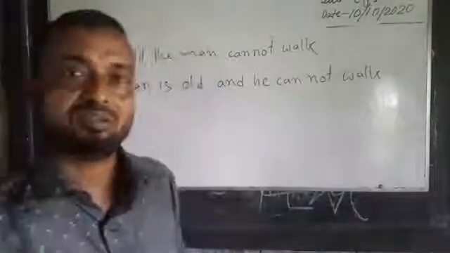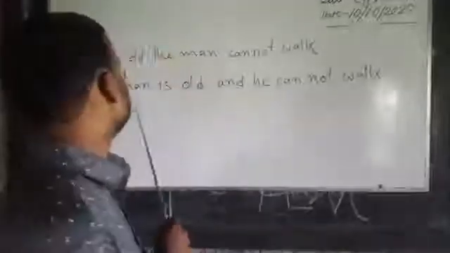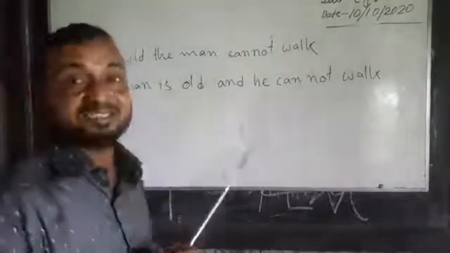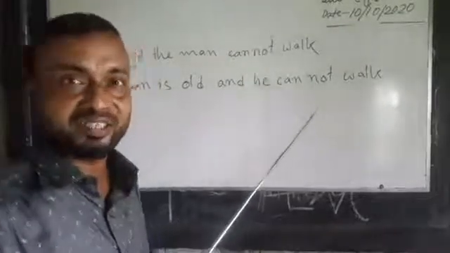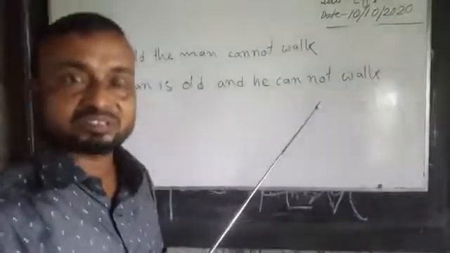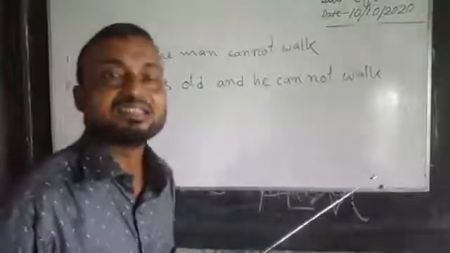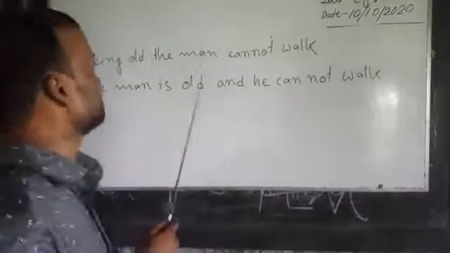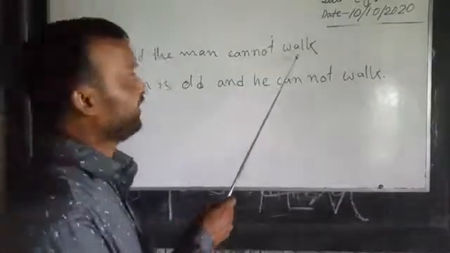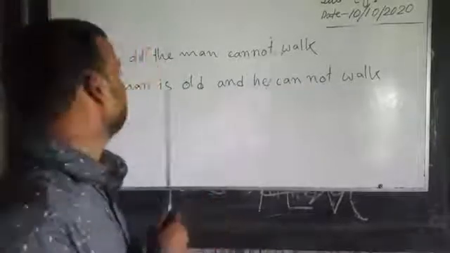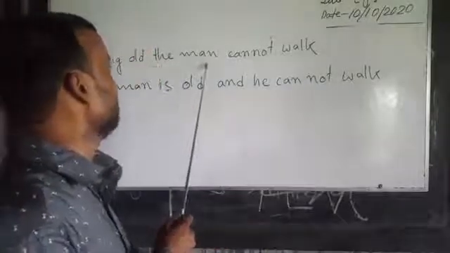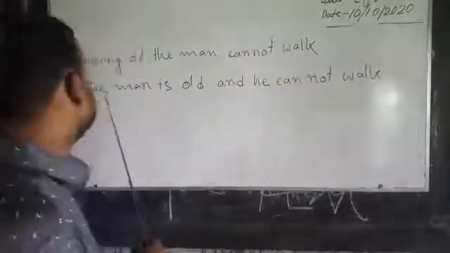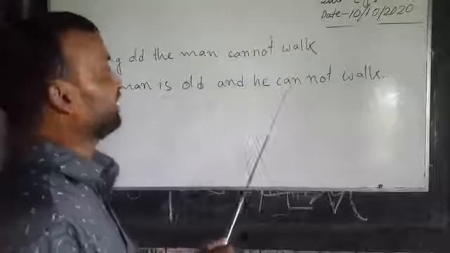The first one is the simple sentence. You already know that if there is only one finite verb and only one subject, then it's called a simple sentence. In the first sentence there is only one finite verb, walk, and the subject, the man. So this is the simple sentence.